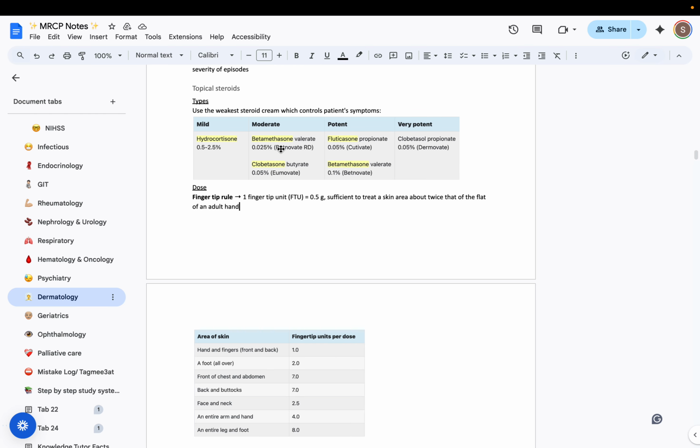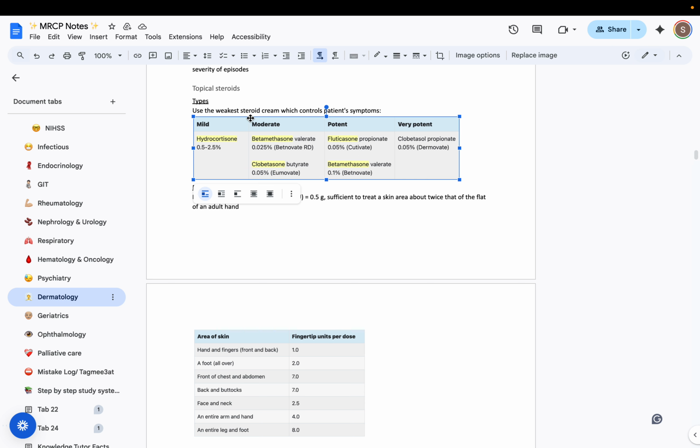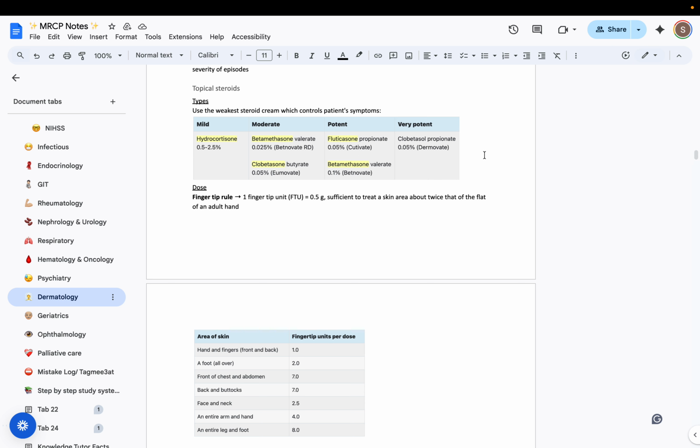Keep in mind that betamethasone 0.1 is potent, but 0.025 is moderate. Now, clobetasone is also moderate. But clobetasol is very potent, which is also called Dermovate. Now, fluticasone is potent. So, this is how you have to know the different steroid creams.